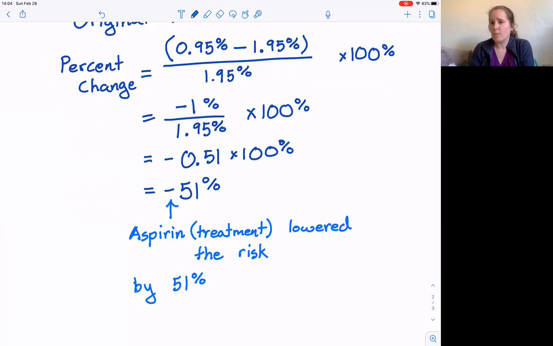There might be many more people that actually wind up taking aspirin daily or don't take aspirin daily, that then have heart attacks or don't have heart attacks. Because this is a sample, it's not necessarily going to precisely match the population data. So we will have more statistics to learn as we go through how we could generalize these results to the population. But this is a basic idea. All right, that is it.